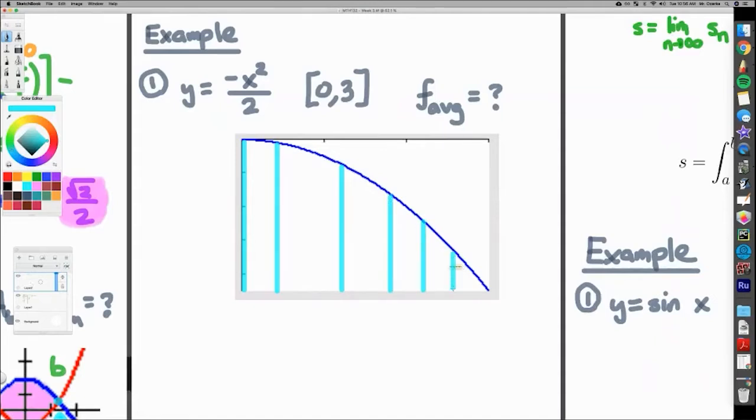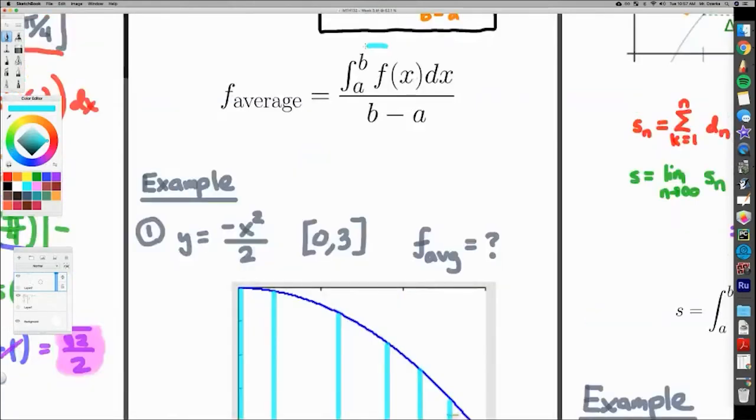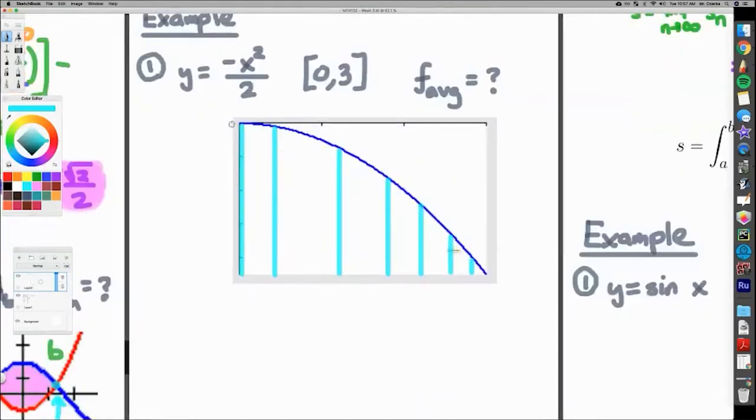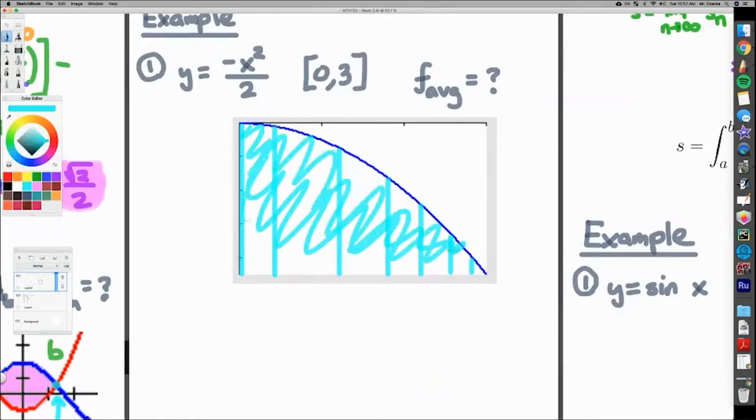If you were trying to find the average, you would add up all these people's heights and divide by how many people there are. Well, that's essentially what this is saying. You add up all the people's heights as the area, because there's infinitely many people and they're infinitely thin. Act like this is a bunch of people standing shoulder to shoulder across here.